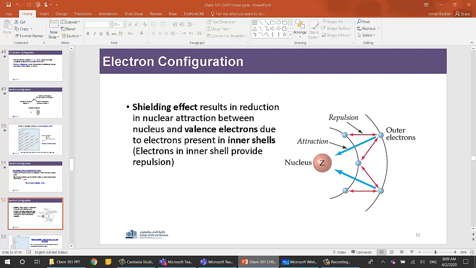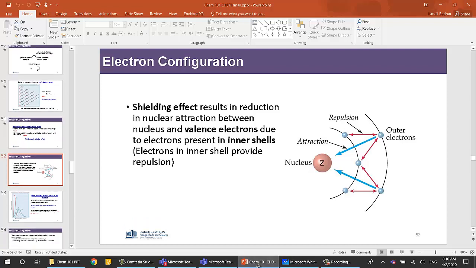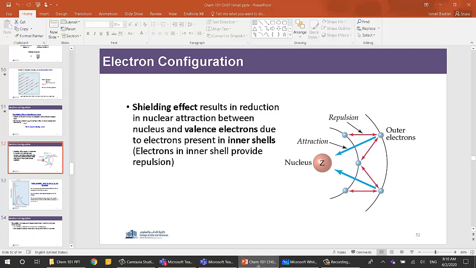They're trying to get close to the nucleus, or to this singer, but the electrons in the first shell are shielding them, preventing them. It's like guards. Okay, so this is the shielding. In this case we say the valence electrons, or the outer electrons, are shielded from the nucleus by the inner electrons or by the first row. And we're going to come to this again. That's the first reason why orbitals have different energies.